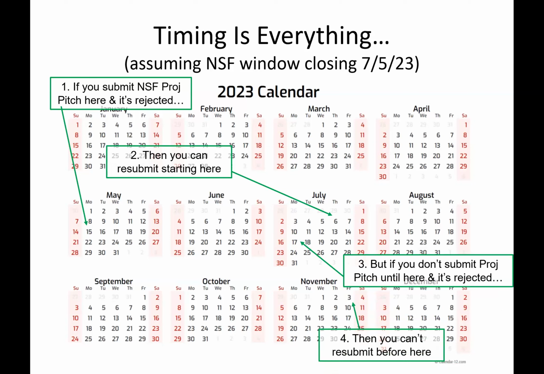So you got about 4 months, over 4 months that you're going to have to wait if you do that. So it's a lot better, in my opinion, if you submit your pitch between now and July 5th than it is to wait until after July 5th and then submit it. It keeps the ball moving better than if you wait until after the current window closes.